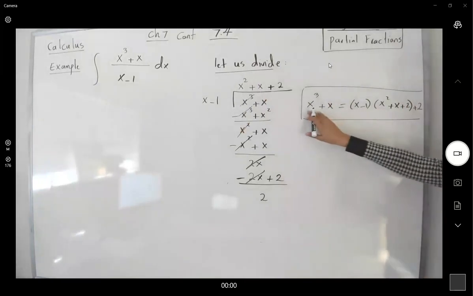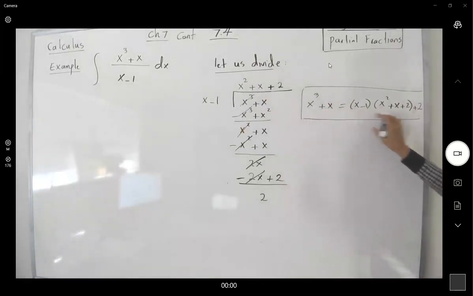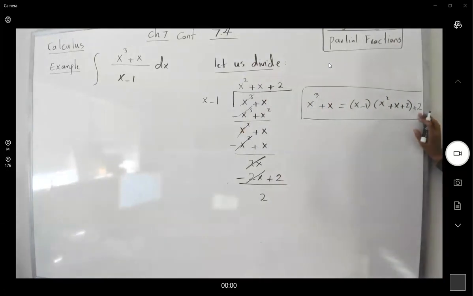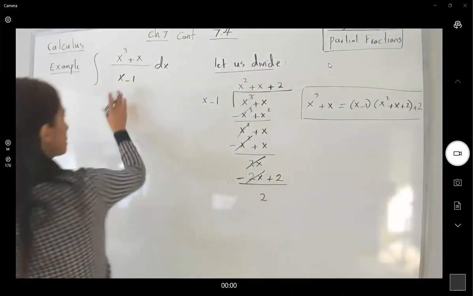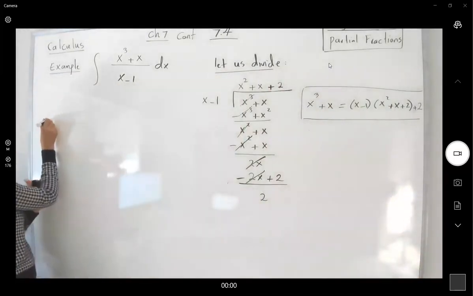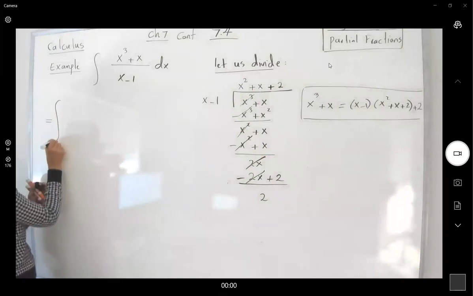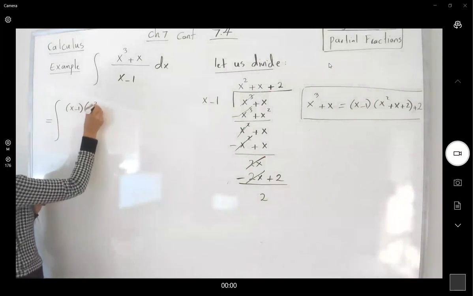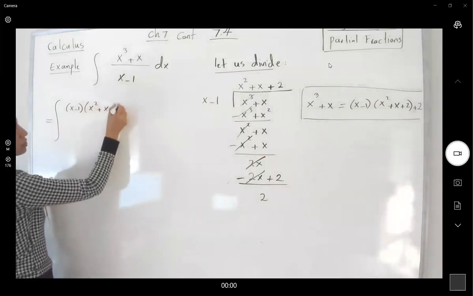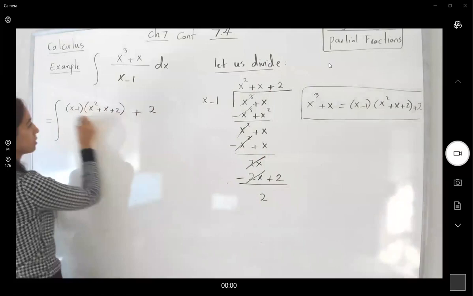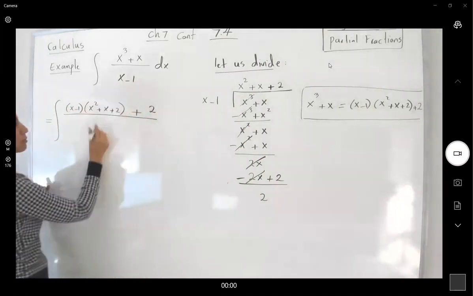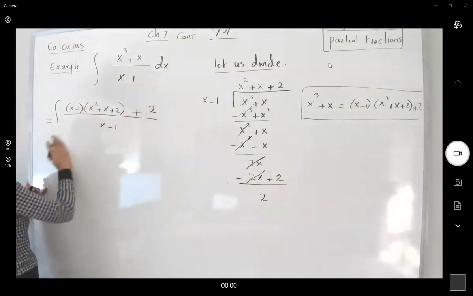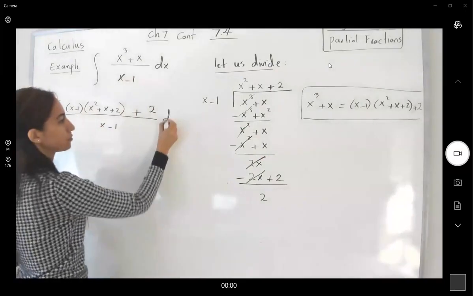So we can break down x cubed plus x into the product of x minus 1, x squared plus x plus 2, plus its remainder, which is 2. So this integral can be written as the integral of x minus 1 times x squared plus x plus 2 plus the remainder 2, everything divided by x minus 1 dx.